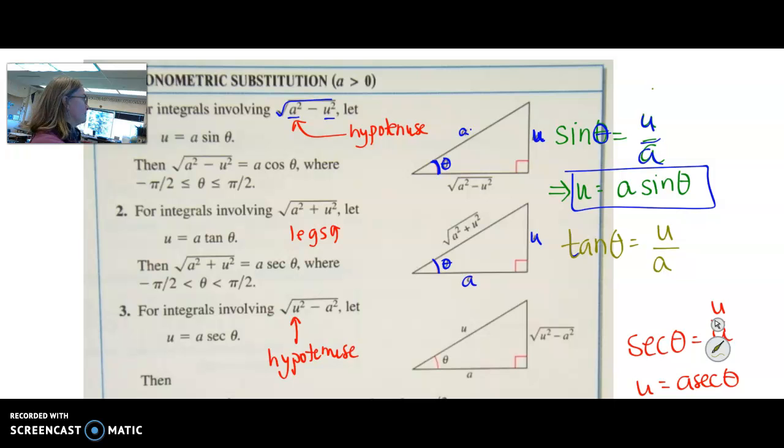Solving that for u by multiplying both sides by a, I get u is equal to a tan of theta. So if it's a squared plus u squared, then u is equal to a tan of theta.